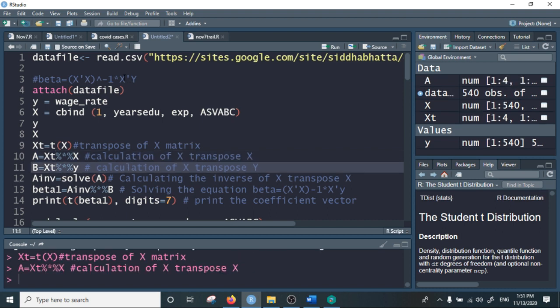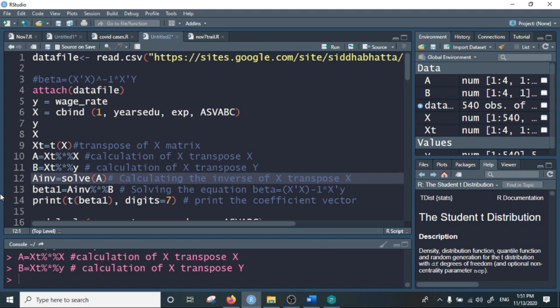Now we define the second part, which is X transpose times Y. So X transpose, percent asterisk percent, Y, and we save this in B. Then we find the inverse of X transpose times X. We have saved X transpose times X in A, so to find the inverse of X transpose X, we simply find the inverse of A. To find the inverse of a matrix, the function in R is solve.